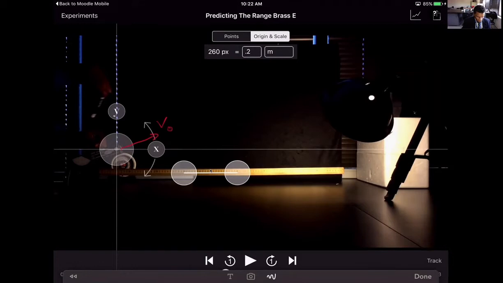Part of that initial velocity is going to be in the X. Part of it is going to be in the Y. So we have our Y initial here. We have our X initial right here.